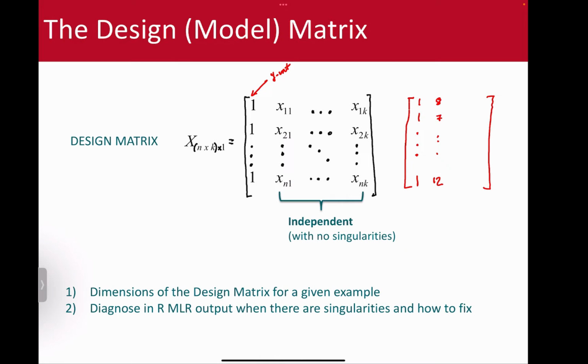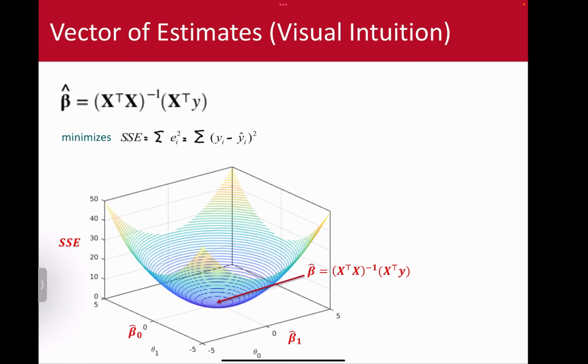You can't have another predictor such as degrees in Fahrenheit because they are combinations of the columns, so they are not independent. They have some singularities. In other words, the columns are the same, just multiplied by another number or something like that. So that's the only condition. The second thing is that we want these columns to be as independent as possible. So where are we going with this?